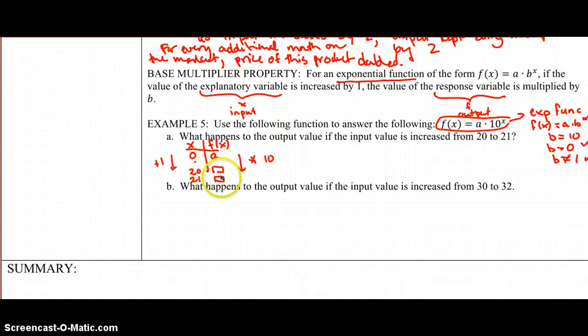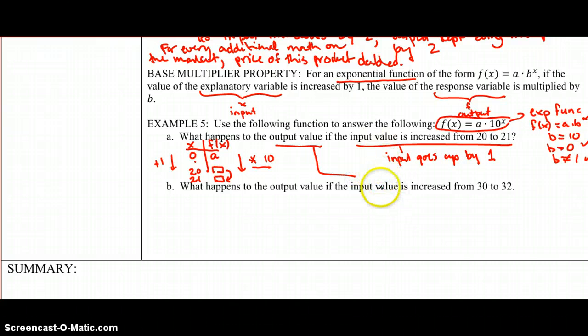Okay, so although we don't know what these two values are, we know to get from one to the other, since we're only adding on 1 here, we would have to multiply by 10. So what happens to the output value if the input values increase from 20 to 21? Okay, so here the input value is increased by 1. So input goes up by 1. The output value will be multiplied by 10.